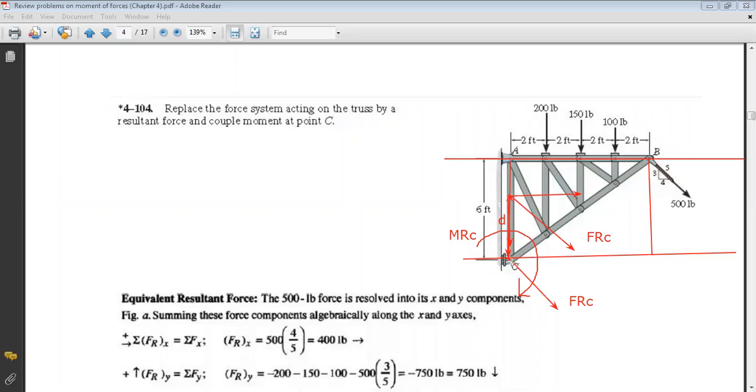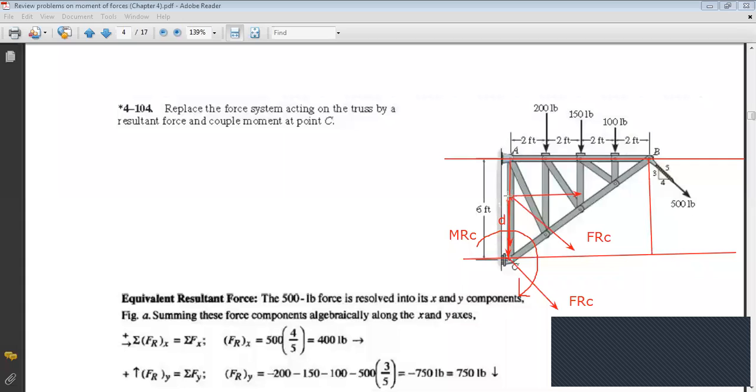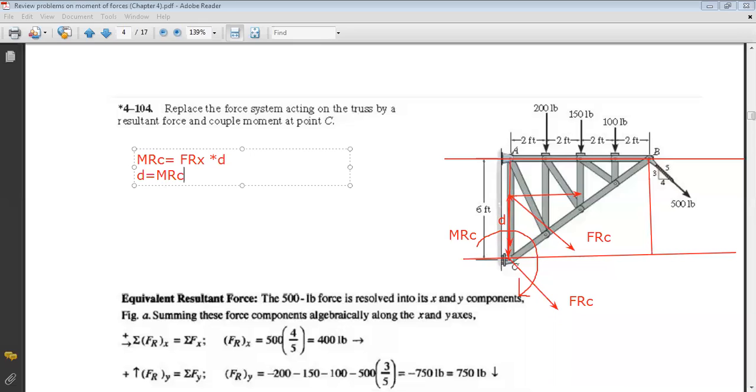And then to find the distance needed to have a single force, I should displace my force in a way to produce the same moment about C. So what is the condition? M resultant at C should be equal to F resultant in X times D. So I deduce that the distance D should be equal to the resulting moment at C over FRX, the x component.